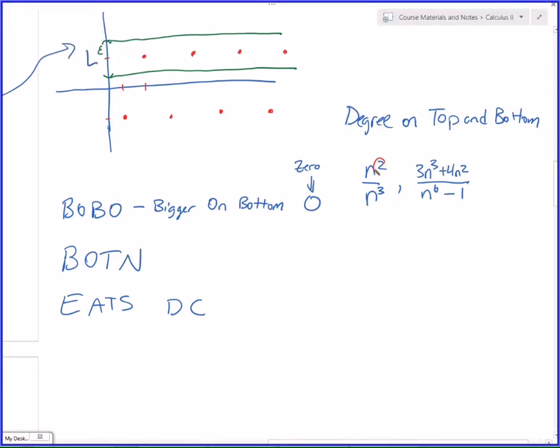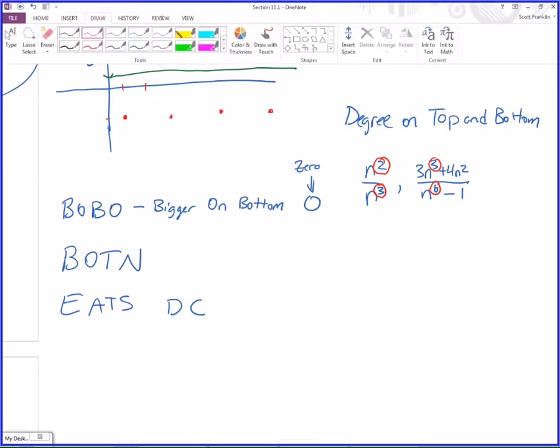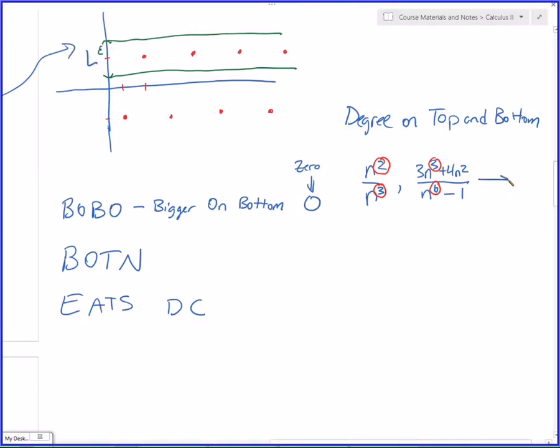The degree up here is 2, and the degree down here is 3. Where is it bigger? Bigger on bottom. What about this one? What's the degree on top? It's the biggest one you see. It's the leading term. And on bottom? Okay, bigger on bottom. What does that go to at infinity? 0. Bobo. Bigger on bottom, 0.